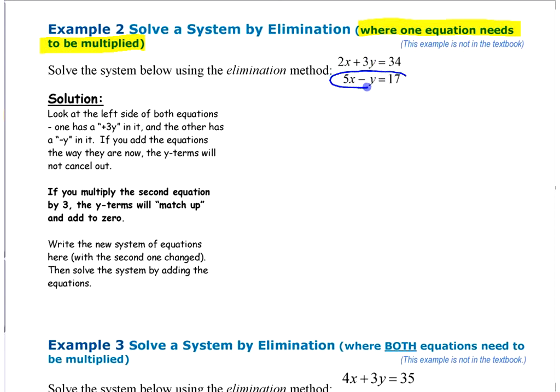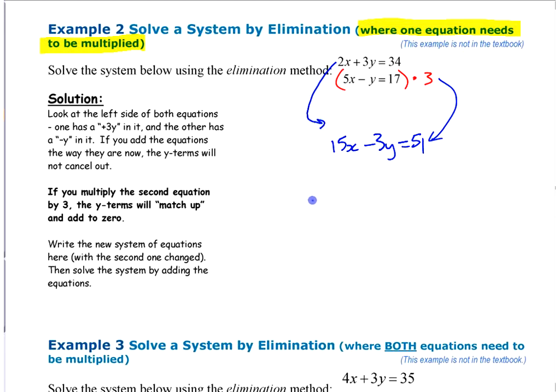So what do I need to multiply this by? If I take that second equation and I go times 3, what does that give me? 15x minus 3y equals 51.